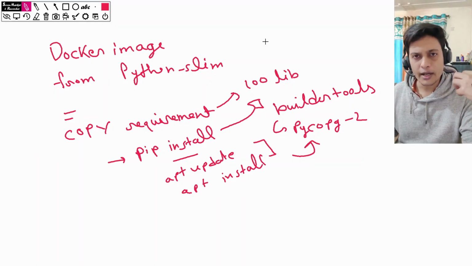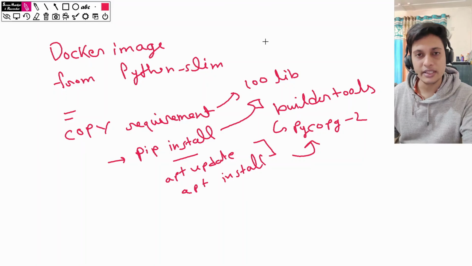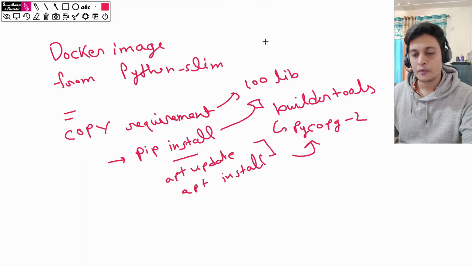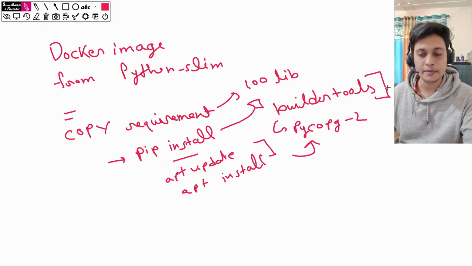But for our application, those builder tools are not required at all. We just want to focus on the libraries which we need, and the complete setup of our web application which we want to copy inside our pod. So how can we do some process so that builder tools will not be included in our final image?